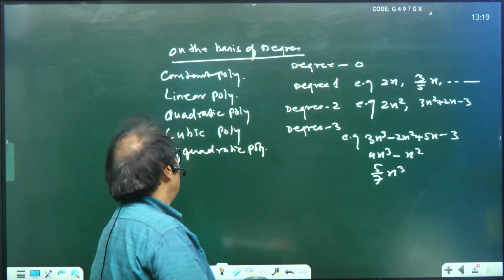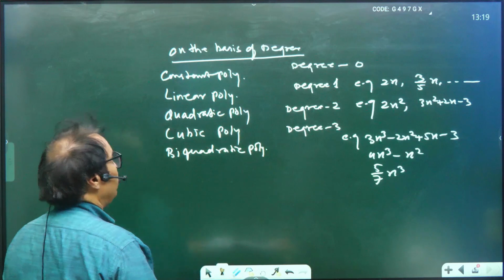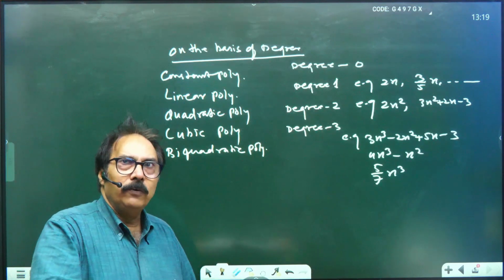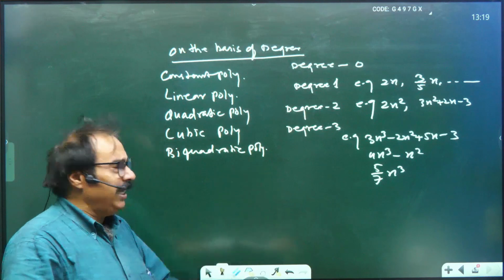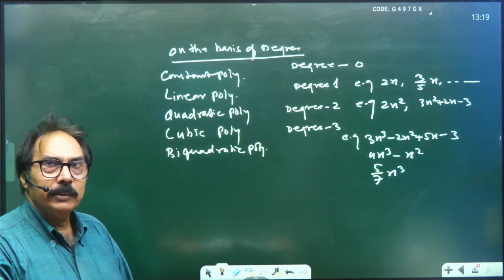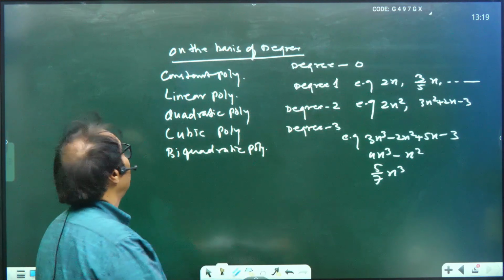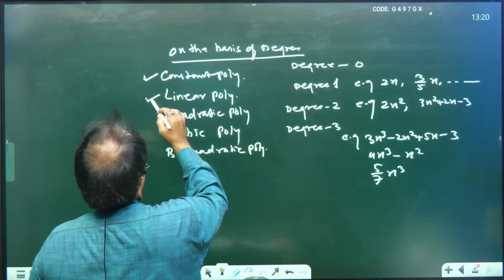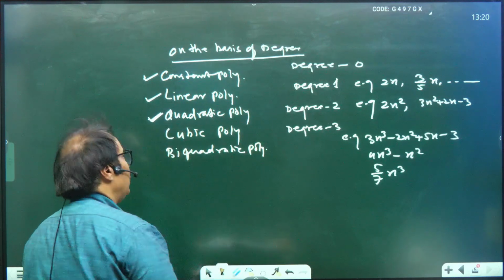Now, biquadratic polynomial means a polynomial having degree 4 or more. But your syllabus is only constant polynomial, linear polynomial, and quadratic polynomial.